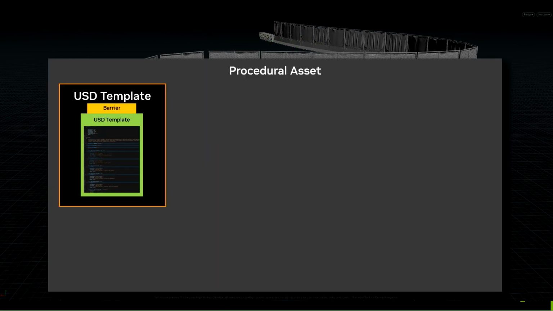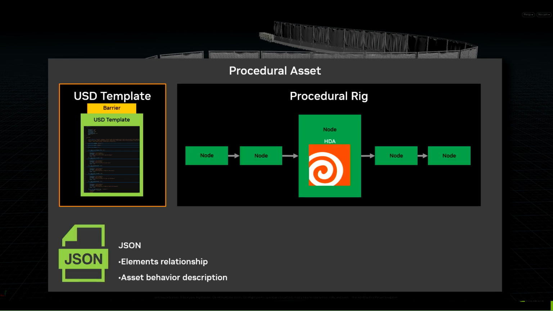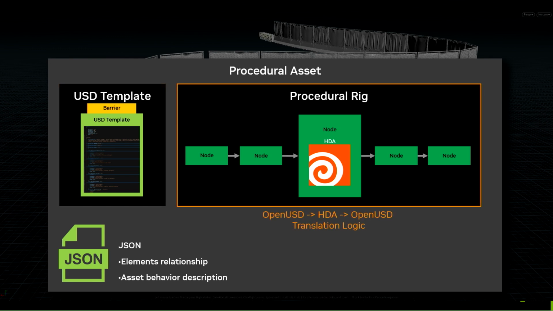So up to this point, we focused only on the template, the representation of the recipe. But how was the rest of the procedural asset generation happening in Omniverse? The thing that is responsible for the function is coming from OmniGraph.